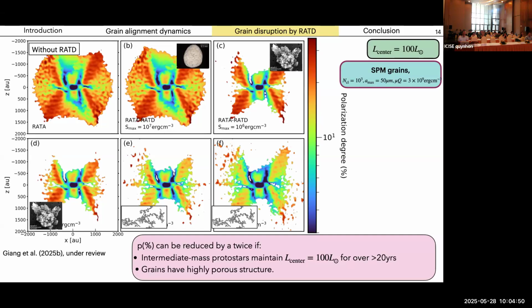However, when we compare with the result from the dynamic approach, we found that this only happens if the intermediate-mass protostar can maintain 100 solar luminosity for over 20 years. So if the protostar produces lower luminosity than this value, or produces 100 solar luminosity but is only active for less than 20 years, basically the dust polarization picture does not change.